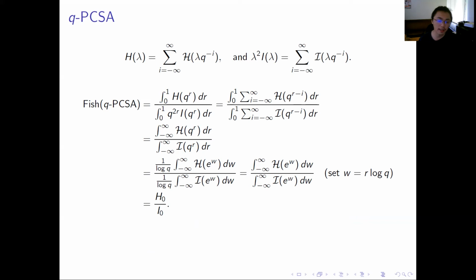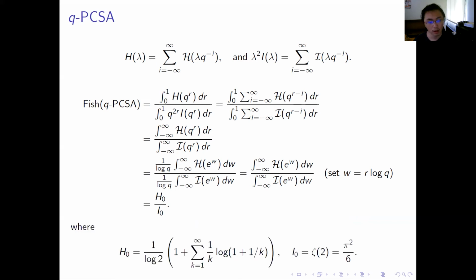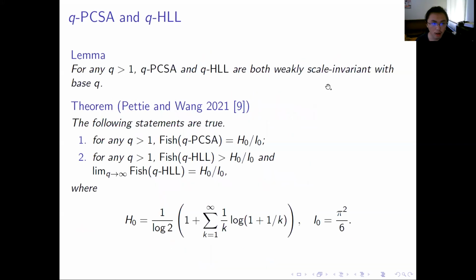What we have is just H0 over I0, where they can both be analytically expressed. Especially I0 here is just the sum of the inverse of squares, pi squared over 6. It's a little bit surprising because it turns out that the performance of the sketches does not depend on Q for PCSA. It's always H0 over I0.